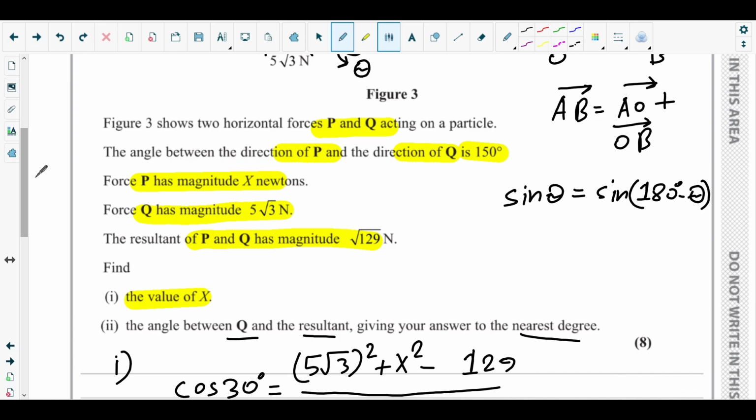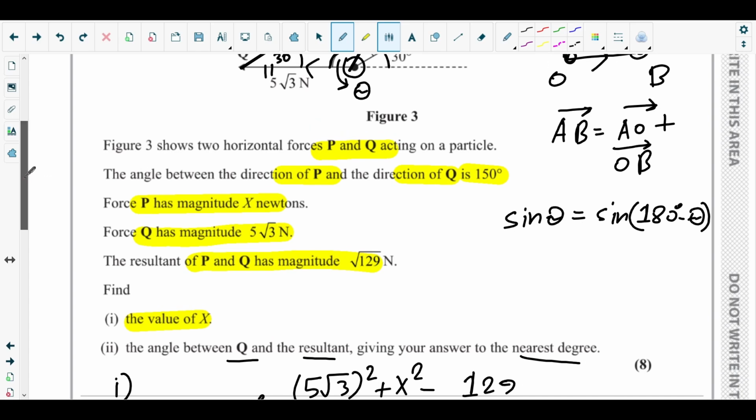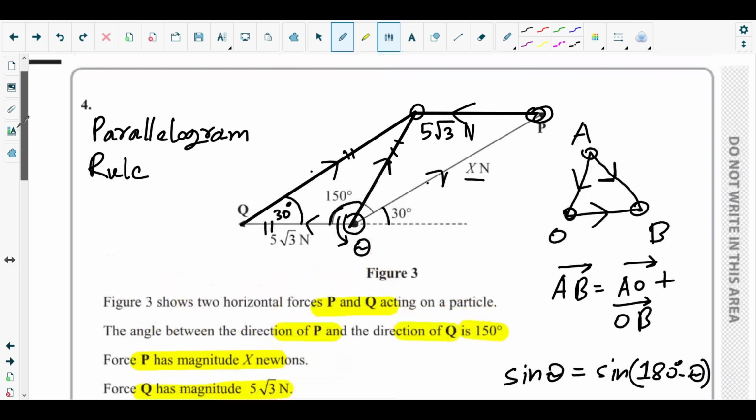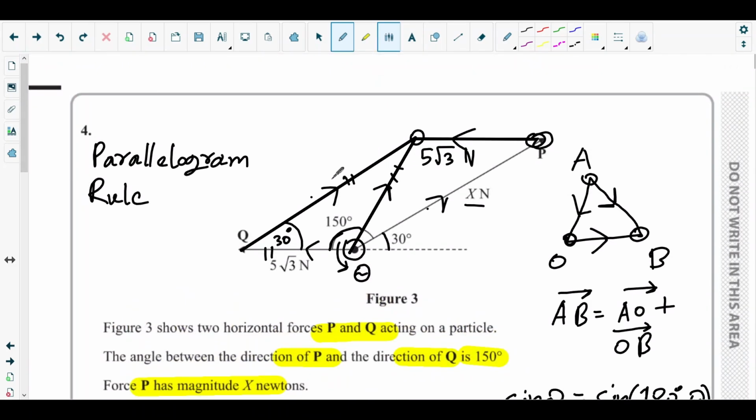That means for each of the values of theta using the sine rule, there will be an obtuse angle. For each acute angle found using the sine rule, you will always have a corresponding obtuse angle. So look at this figure. The figure clearly shows that the angle theta that we have considered is basically obtuse.